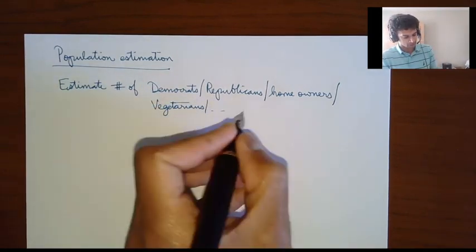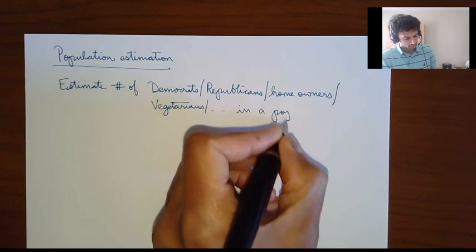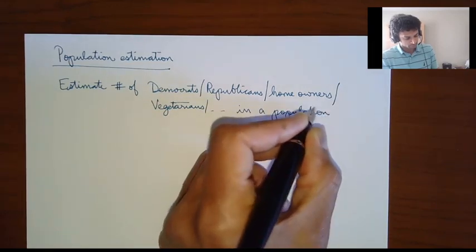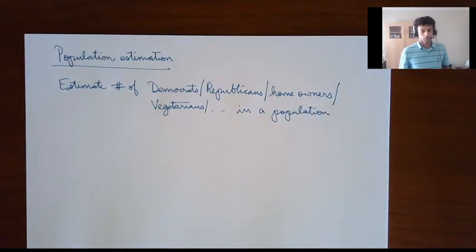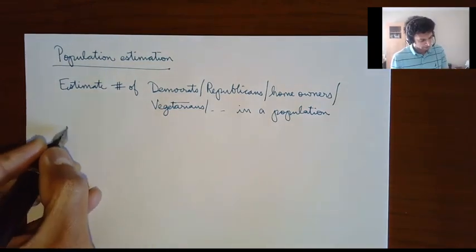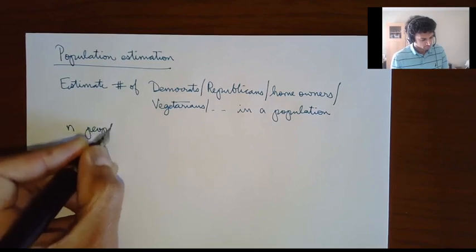Estimate the number of these in a population. And so you have some, I'll say n people. So you know what n is.